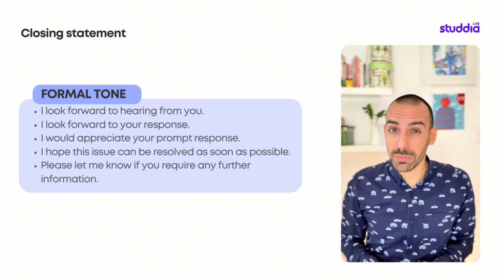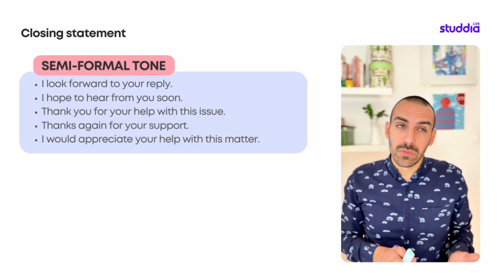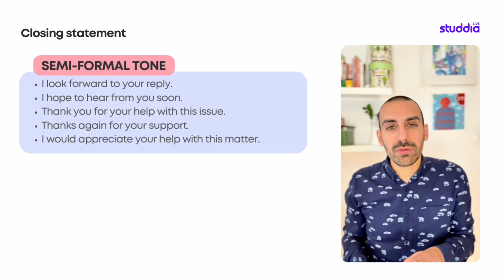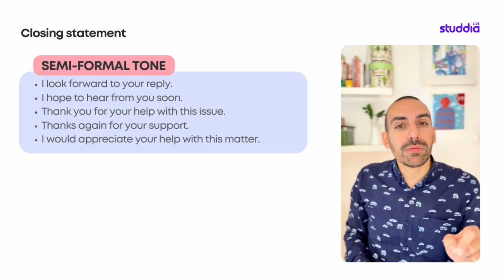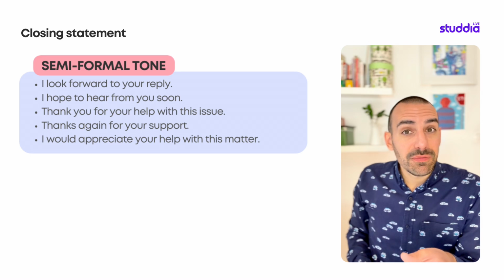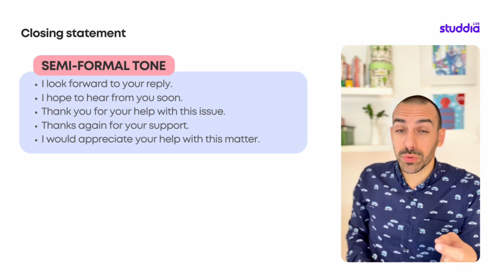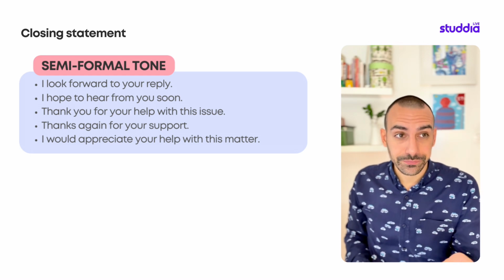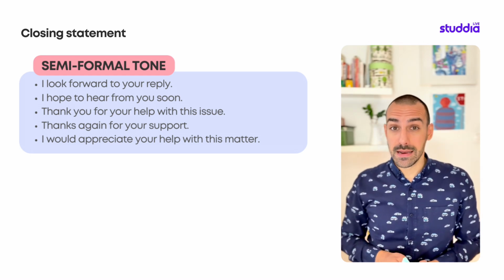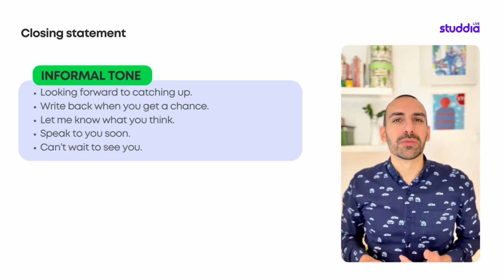In semi-formal letters, where the tone is polite but not too formal, you could write something like, I look forward to your reply, or thanks again for your help with this issue, or I hope to hear from you soon. And in informal letters, your tone can be much more relaxed.